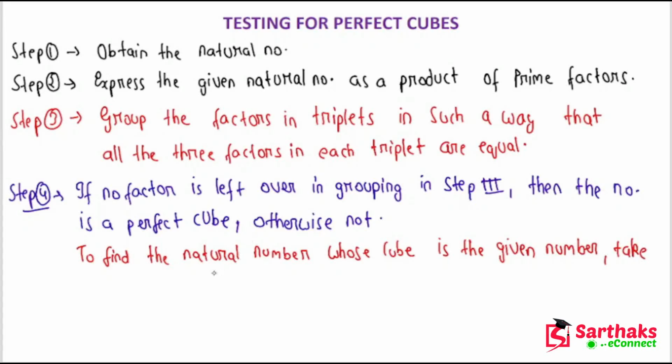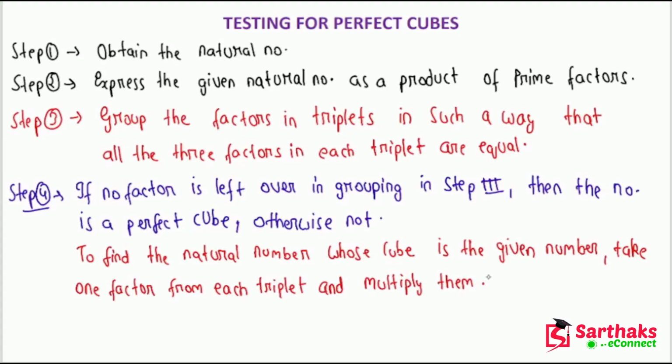take one factor from each triplet, and multiply them. Okay, so if you take one factor from each triplet and multiply them, then the number so obtained would be the cube root of the given number.